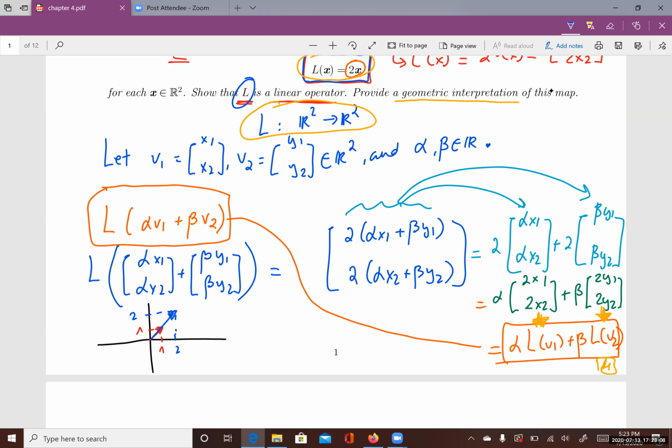So if this is V1, then LV1 will be the blue vector. What does this map do? This map will magnify a vector by a factor of 2. So it increases the size of a vector by 2.